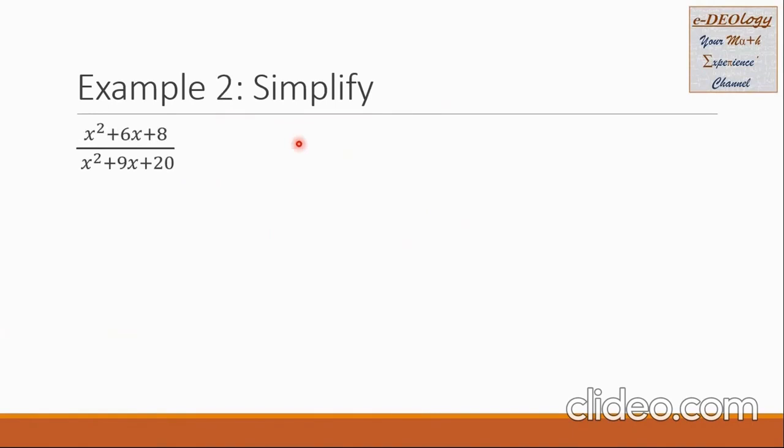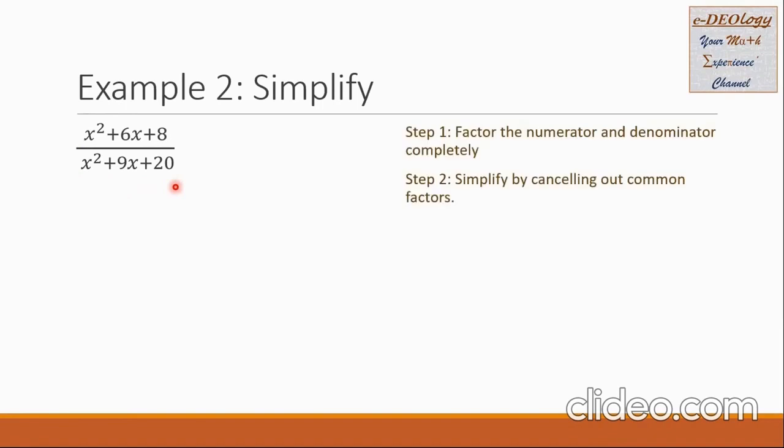Let us have example 2. Simplify the rational expression. The numerator is x squared plus 6x plus 8, all over the denominator, x squared plus 9x plus 20. I wrote the steps on this side.